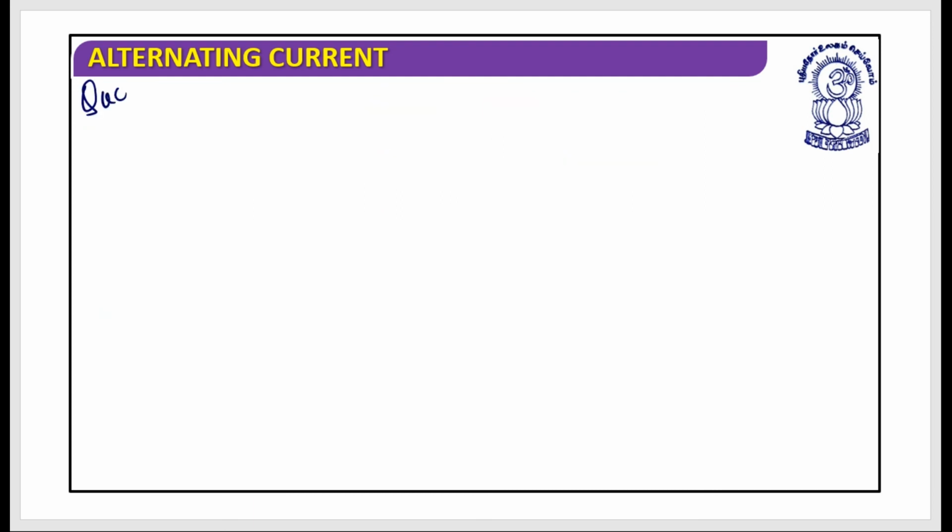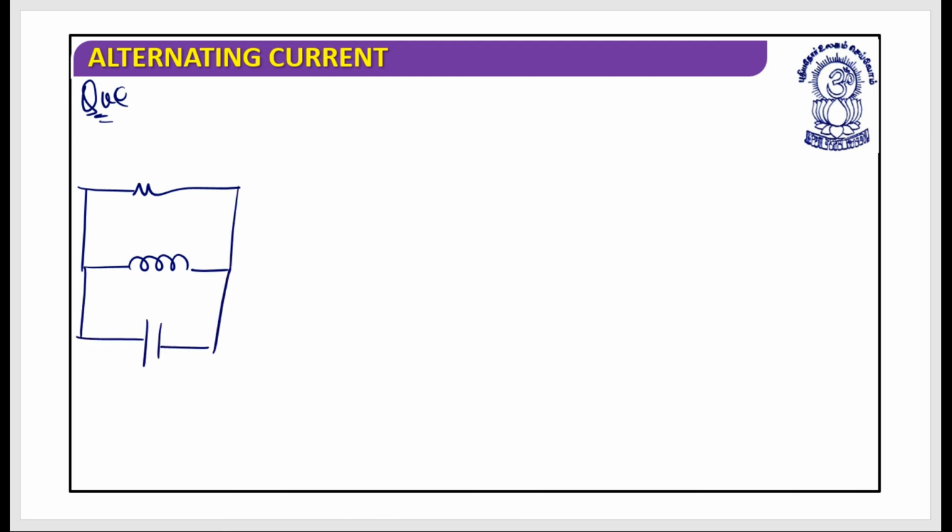Let's have a look. Let's suppose the question is that a resistance is there, an inductor is there, and a capacitance is there. Suppose this is 4 ampere, this is, let's say, 7 ampere, and through this it's 10 ampere, and this is the completion of the circuit.